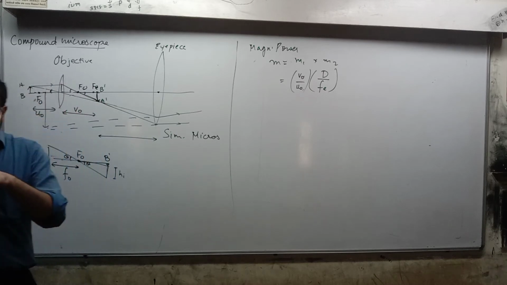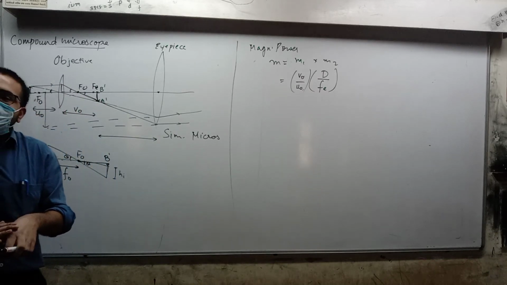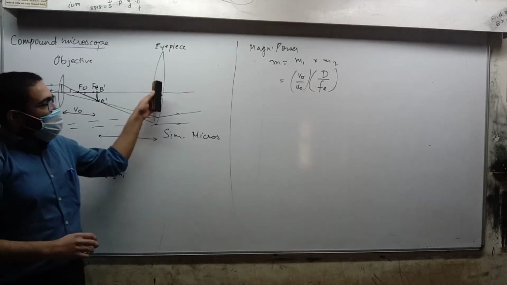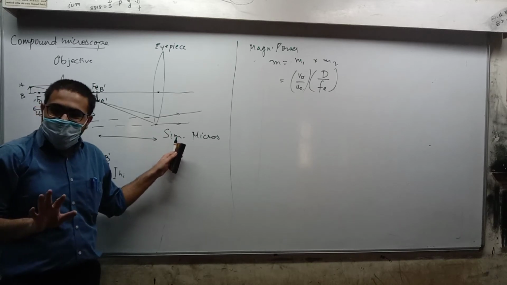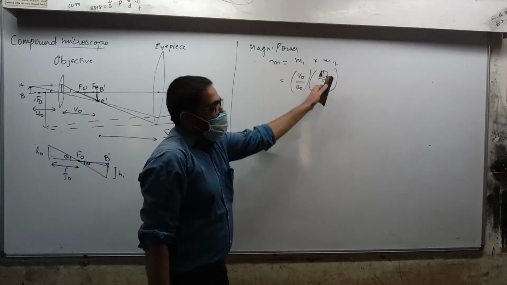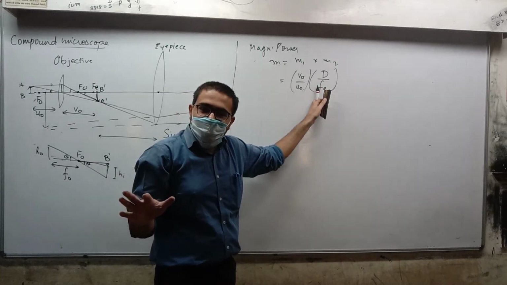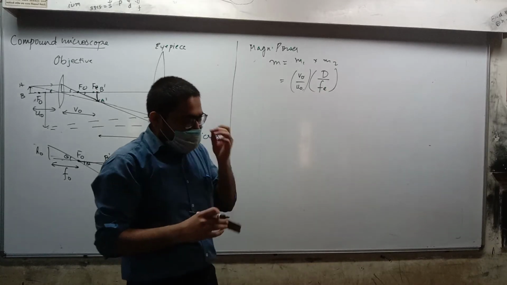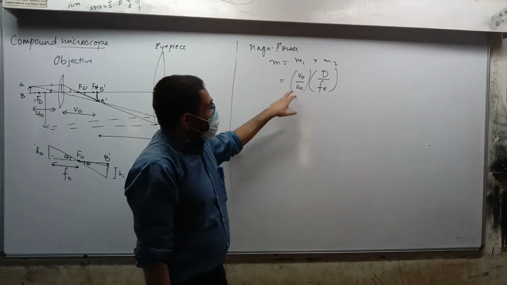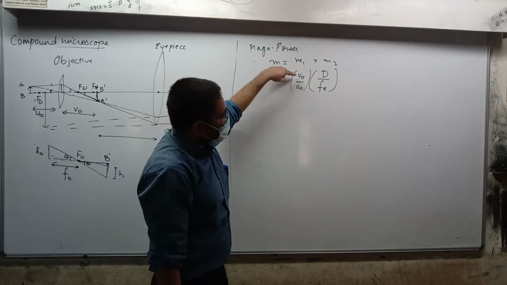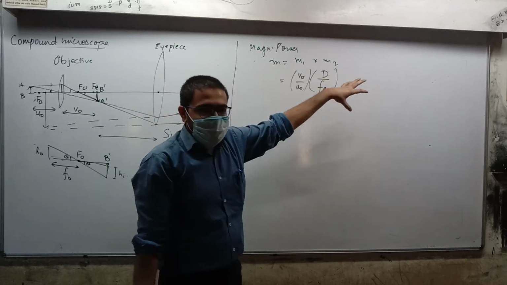We're using the magnifying power of a simple microscope, D by F. So that is M1 into M2. This is the general formula. This works every time, but this is very clumsy to use. I'll tell you why.